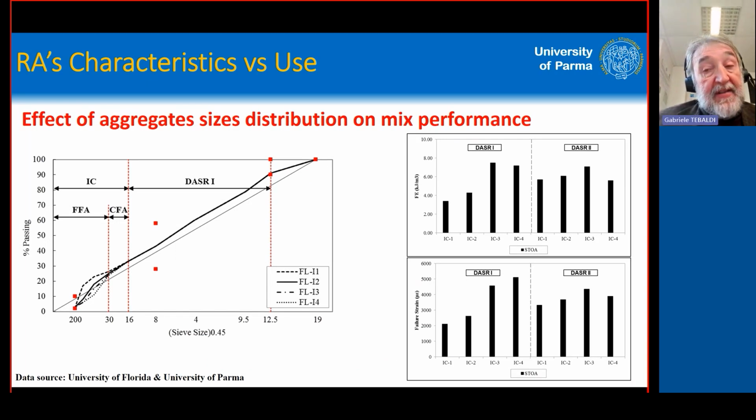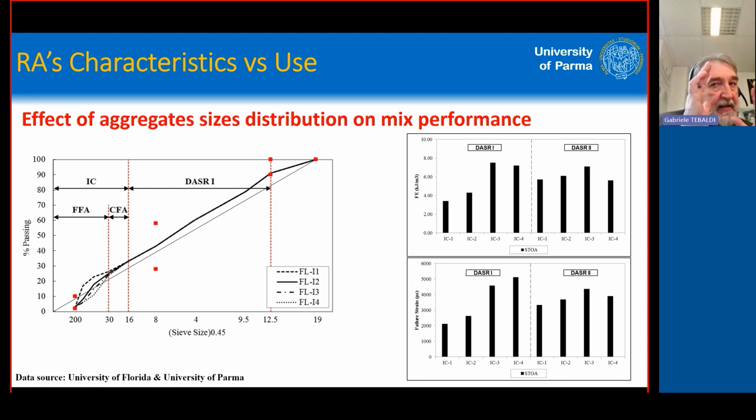And I have to say that this is not a negligible problem, because this is a result of a study where I was involved during my time at University of Florida, and it was a project of Florida DOT to understand the effect on the final mixture performance made by the size distribution of what in the US they call the interstitial component.